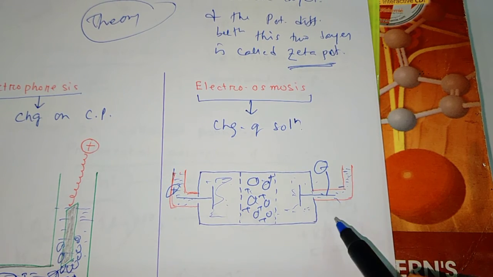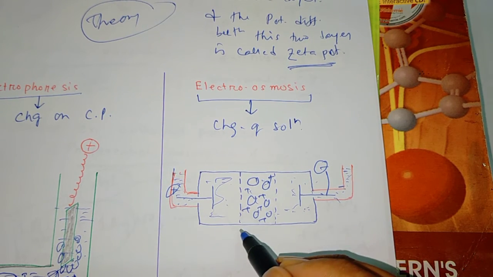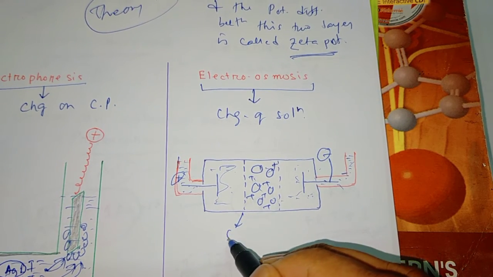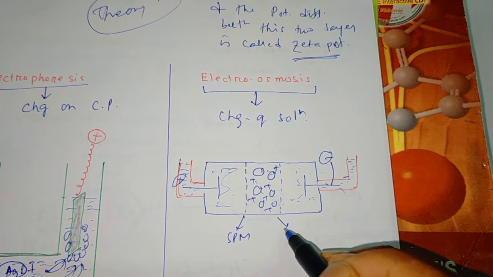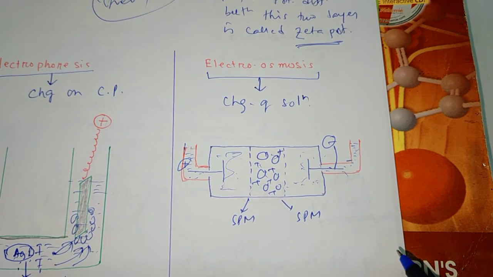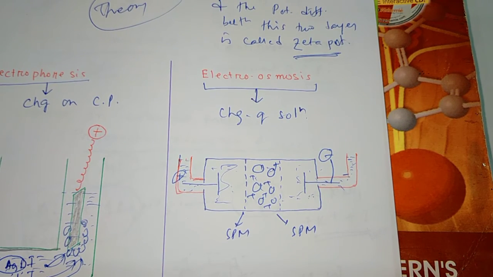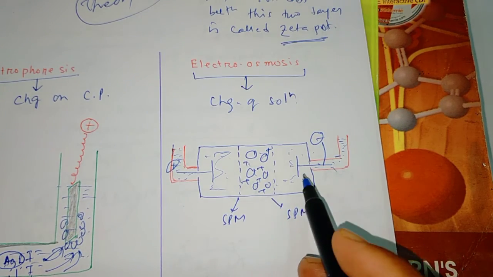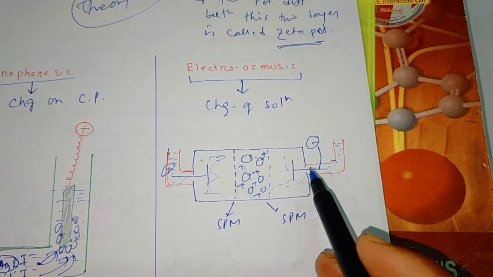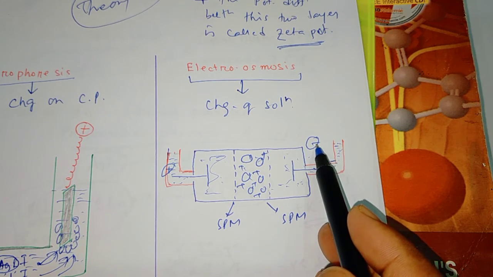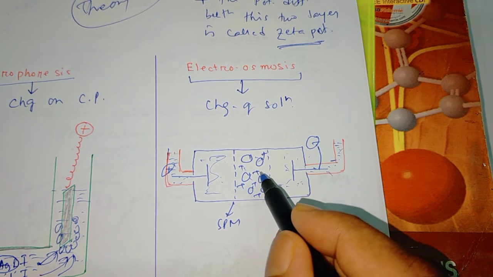And this one is your semi-permeable membrane, this one also a semi-permeable membrane. Now when you connect with the current, what will happen? This negative electrode will attract the positive one.